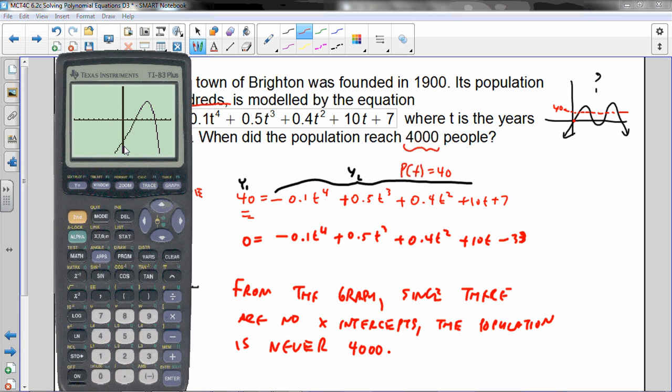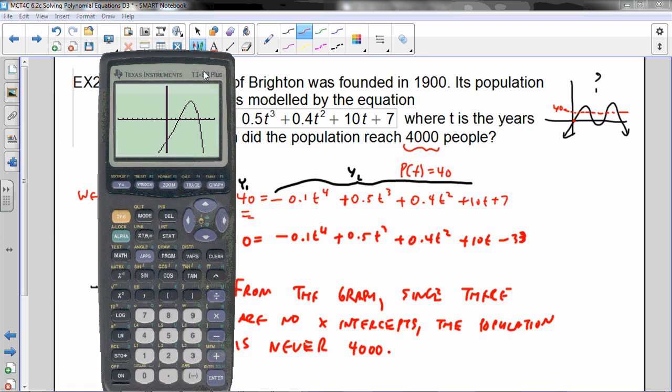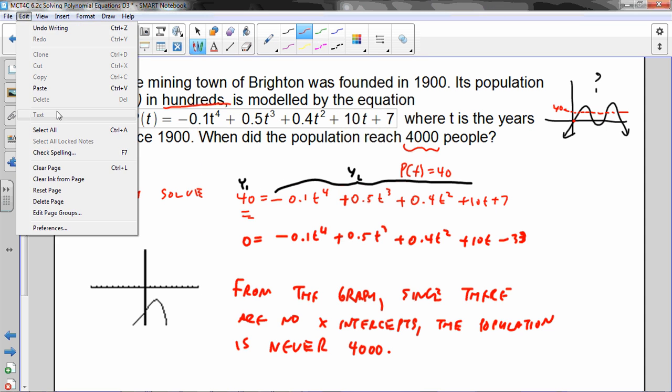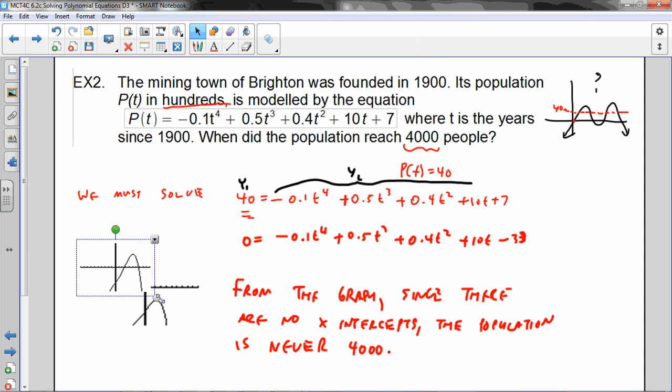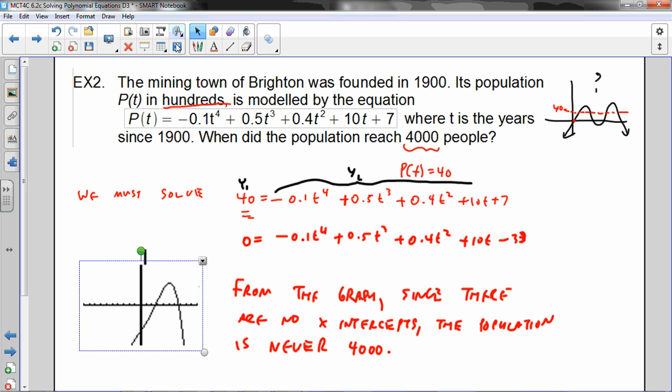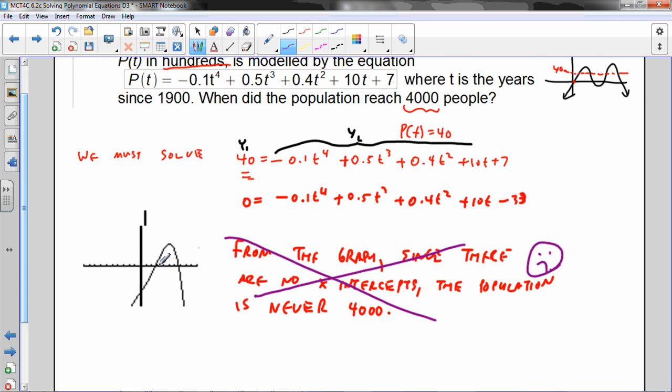Oh, that looks better. Okay. Well, that was bad, wasn't it? Sad face. And now we can find the solutions there, right?